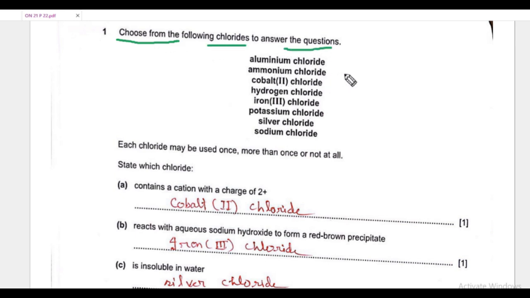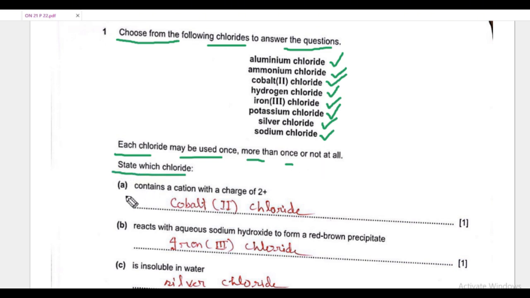Here some chloride compounds are given: aluminum chloride, ammonium chloride, cobalt 2 chloride, hydrogen chloride, iron 2 chloride, potassium chloride, silver chloride, sodium chloride. Each chloride may be used once, more than once, or not at all.